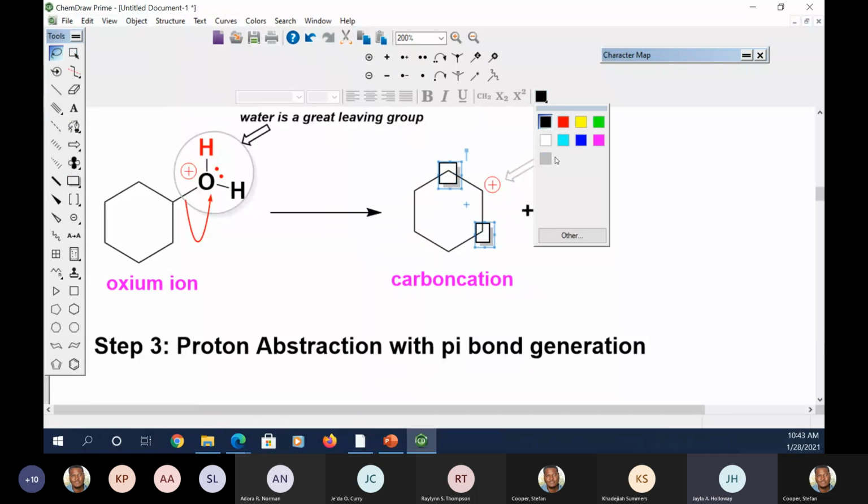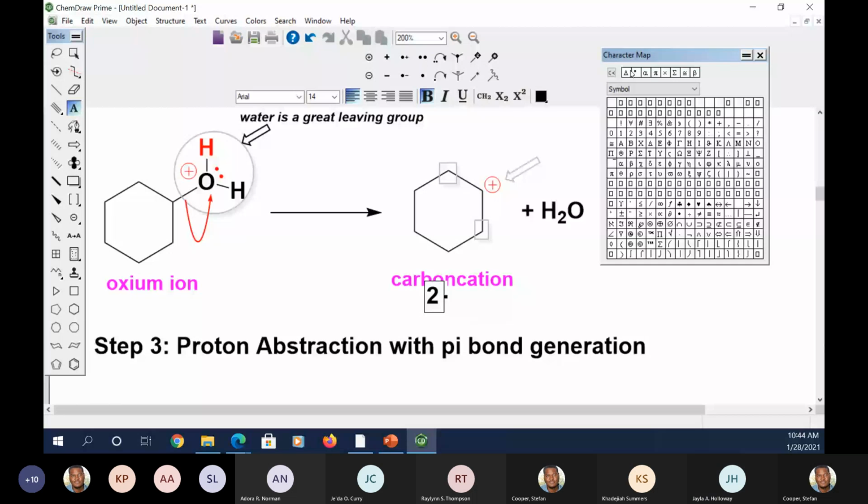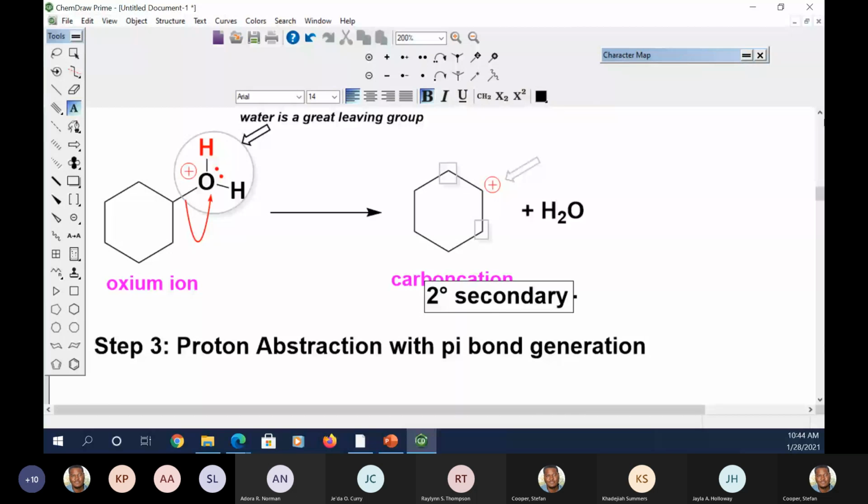Is there a pi bond, a benzene ring near it? No pi bond, so it's not allylic. And there's no phenyl ring, so it's not benzylic. So this is just your regular type. And because there's two carbons, we call this what type of carbon cation? Secondary. This is a secondary carbon cation. Right, very good.